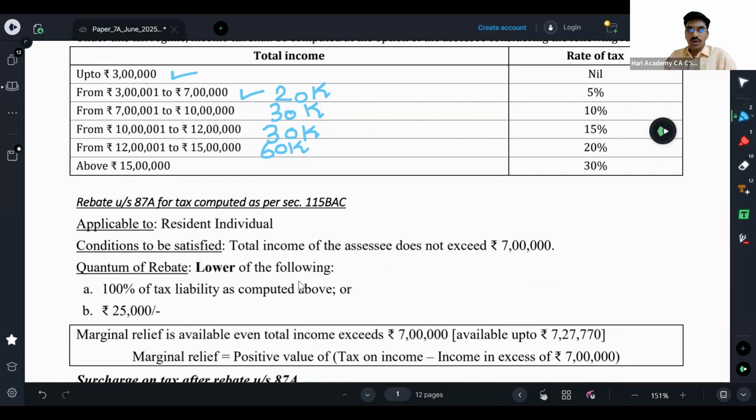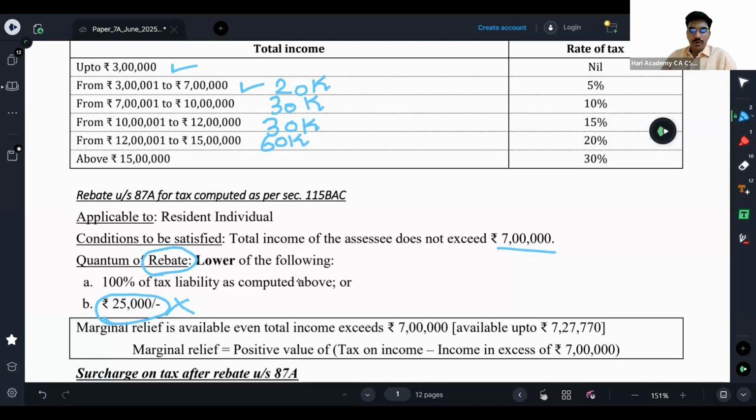So even though you have the cap of 25,000 here, till 7 lakhs itself, the tax which has to be paid is only 20,000. So this amount might not be useful at multiple places. So whatever is going to be your 100% of tax liability, whatever you have computed till 7 lakhs, the same amount you are eligible to claim as rebate if it is normal income.